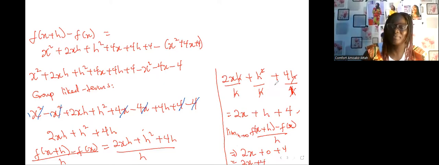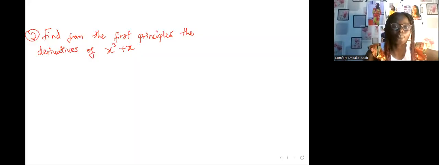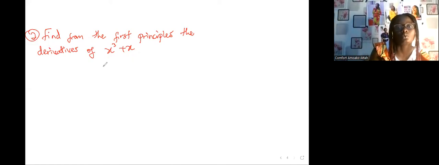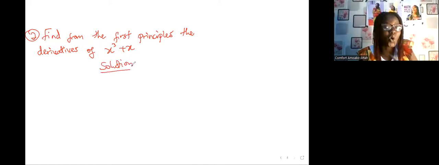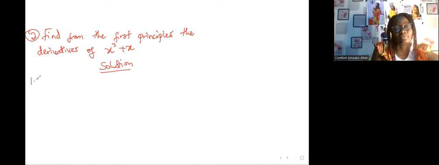Okay? Let's do the second example. For the second example, we should be able to solve it before I go through. So this is our second example: s cubed plus x. We are going to use the first principle. So let's now list our 4 steps so that you wouldn't forget. Let's remind ourselves: f of x plus h.